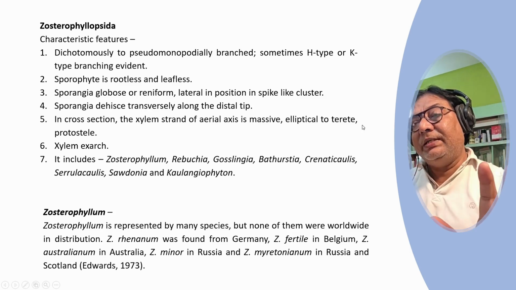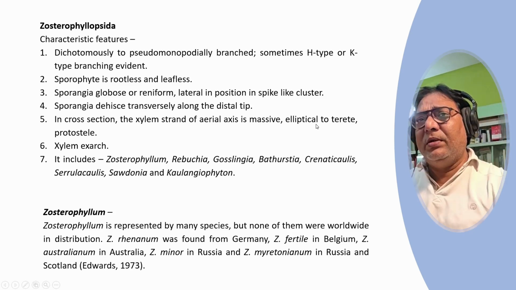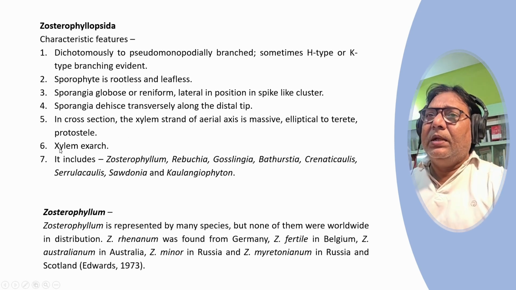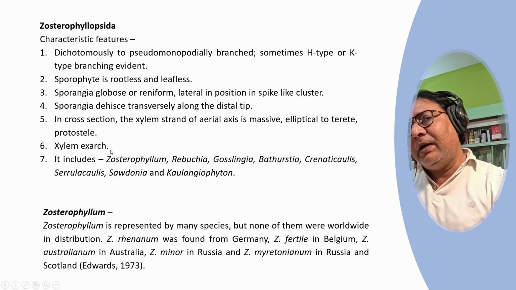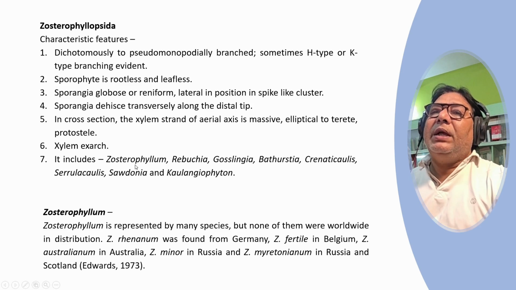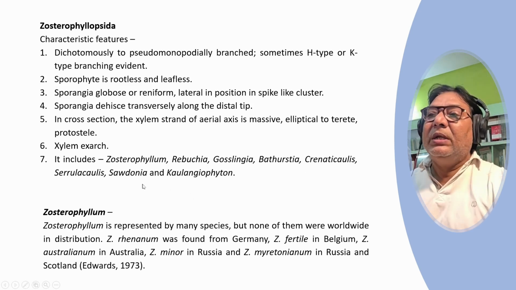Elliptical to terete. Terete means circular. Elliptical means oval. And it was protostele. Xylem was exarch. In Rhynia, we saw that the xylem was centrarch. Here it was exarch. The genera included in this group were Zosterophyllum, Rebuchia, Gosslingia, Bathurstia, Crenaticaulis, Ascoillis.